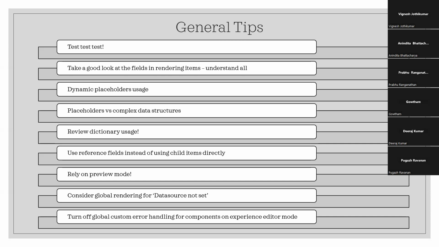So in that case, we preferred creating dynamic placeholders for each card instead of using a data source and selecting the card sources on that data source item.